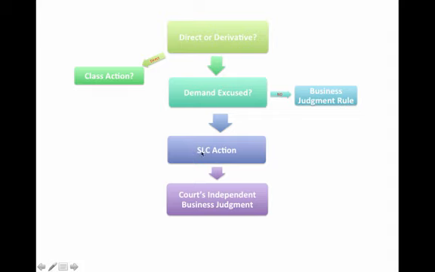If a special litigation committee recommends termination of a derivative action, we see under the Zapata test that a Delaware court will agree to dismiss the case, but only if the corporation, in other words, the special litigation committee, can carry the burden of establishing that the special litigation committee itself was independent and that its decision was both reasonable and made in good faith, right? So they have to be both independent and, quote, have done the dance, very similar to the business judgment rule type cases in the duty of care context.